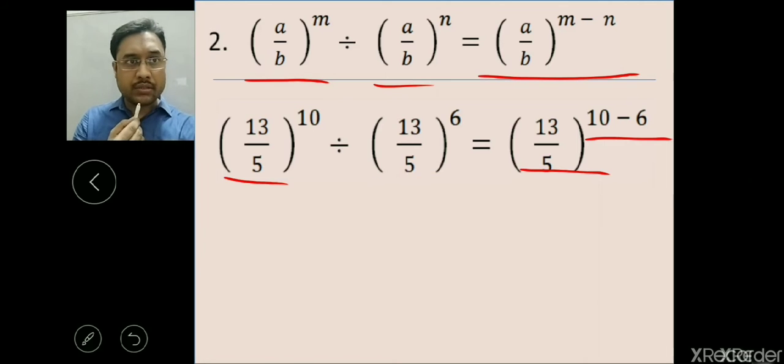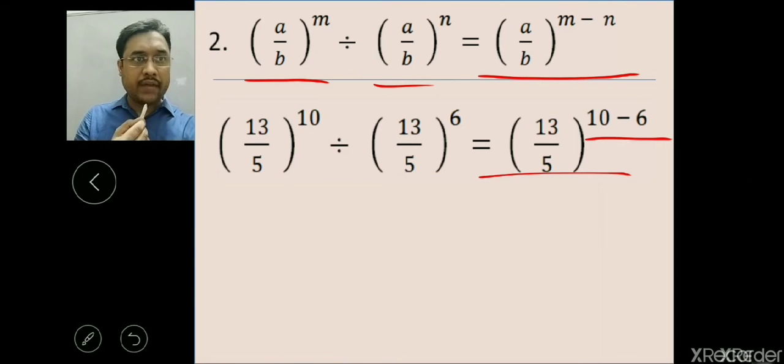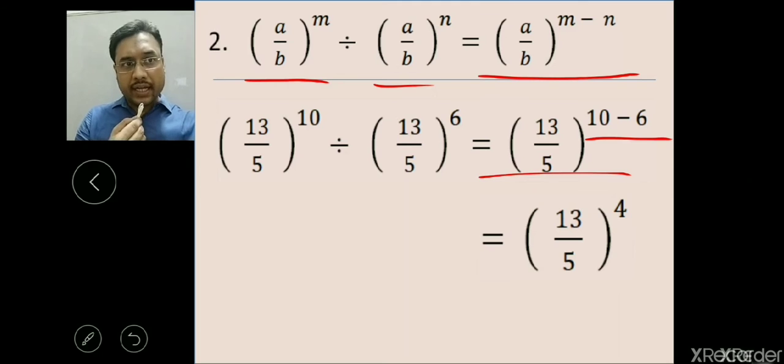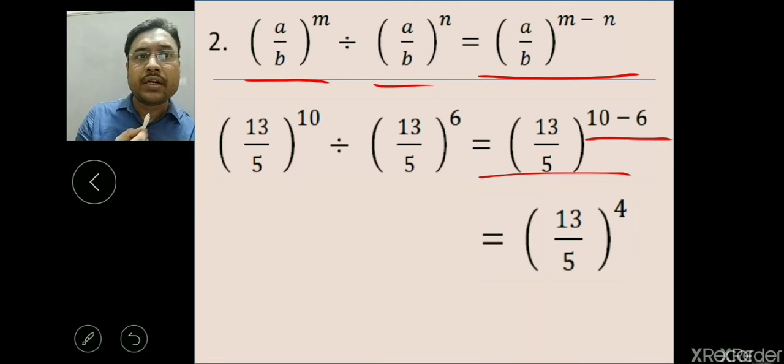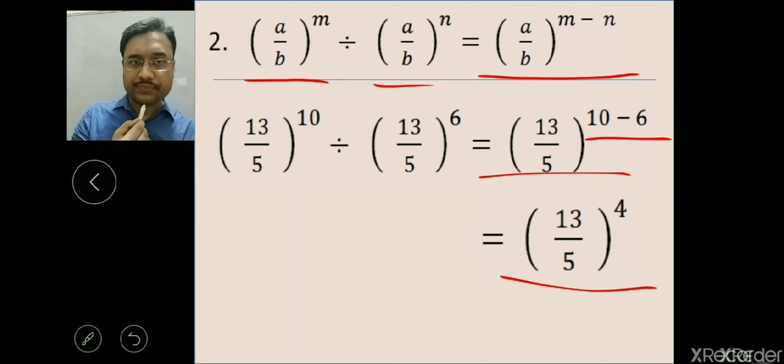So in the result also write the number with the same base, that is 13 by 5, and in place of the power write the difference of the powers, that means subtract the exponent of the second number from the exponent of the first number. So 10 minus 6, you will get (13/5) to the power 4.